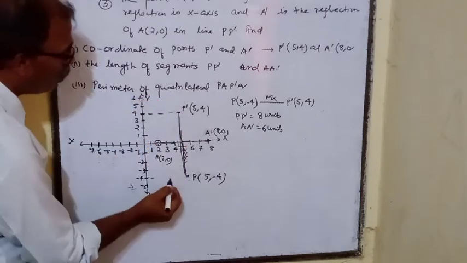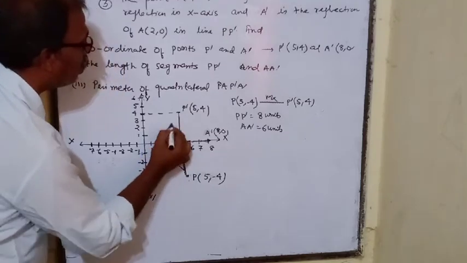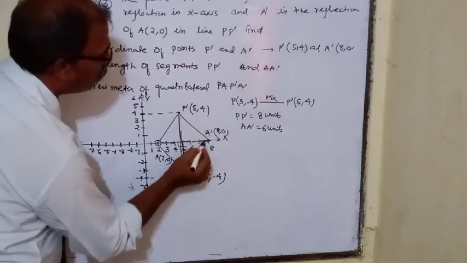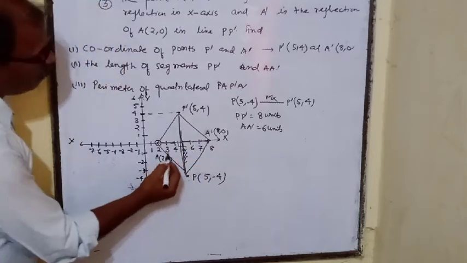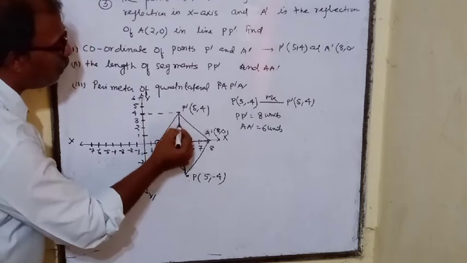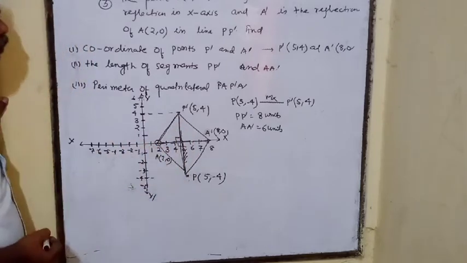Now next you have to find the perimeter of quadrilateral P dash A dash. This is P, this is A, this is P dash and this is A dash. So we have to find the perimeter. This line is behaving as the perpendicular, this is the base, and this will behave as the hypotenuse.